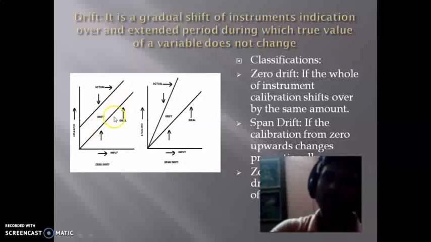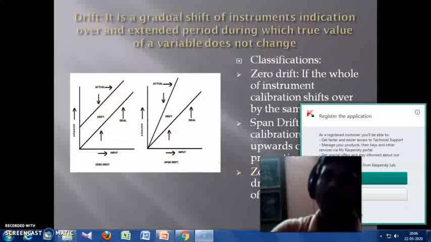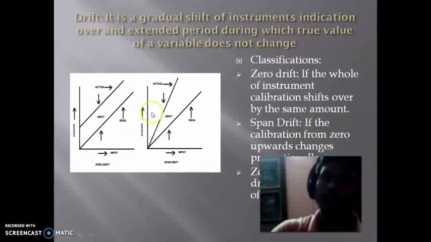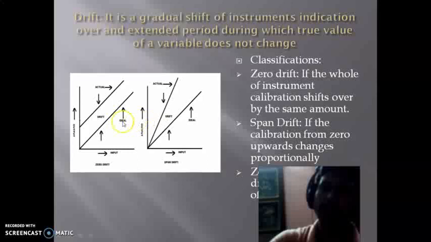This one is the ideal one. If there is some drift, the shift will be there, and we will get this kind of curve. So throughout this output span, we are getting a shift. This kind of problem we get in instruments, and this kind of gradual shift is called drift.